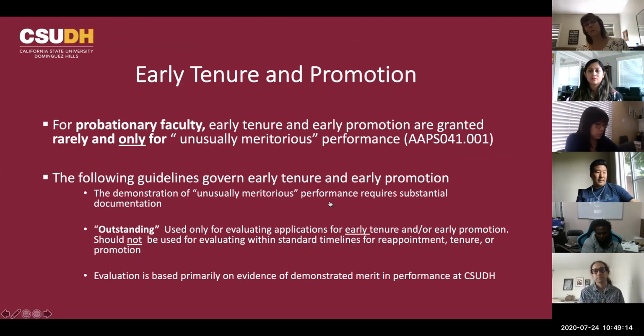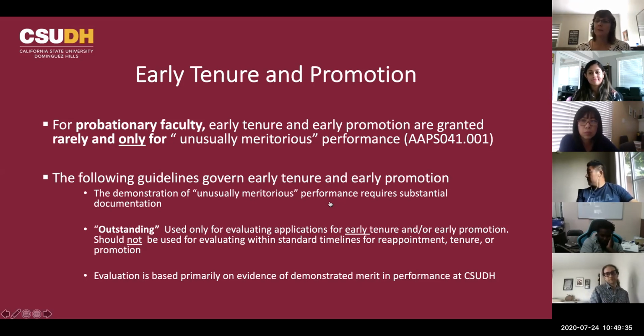And this goes to Horace's question. For probationary faculty, early tenure and promotion are granted rarely and only, per the policy cited here, for, quote, unusually meritorious performance. So what does that mean? The following guidelines govern early tenure and promotion according to this policy.